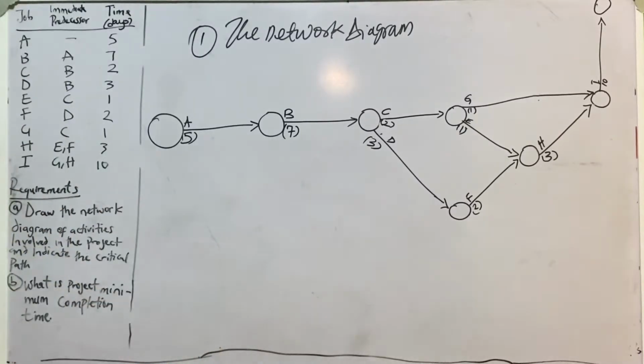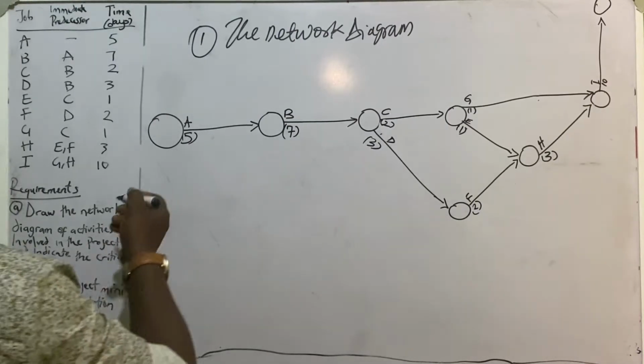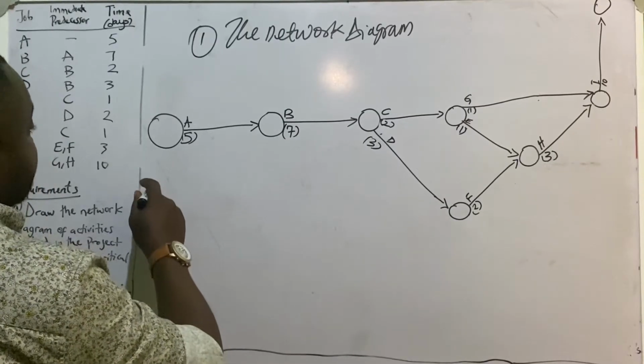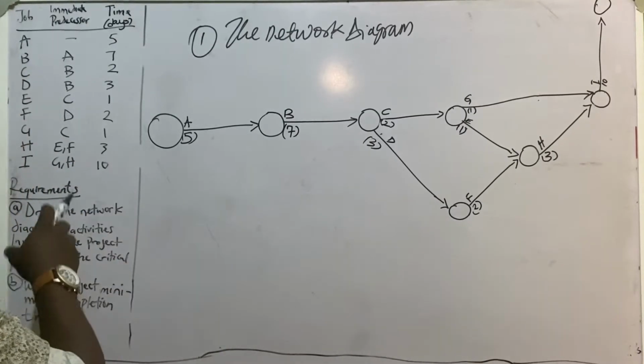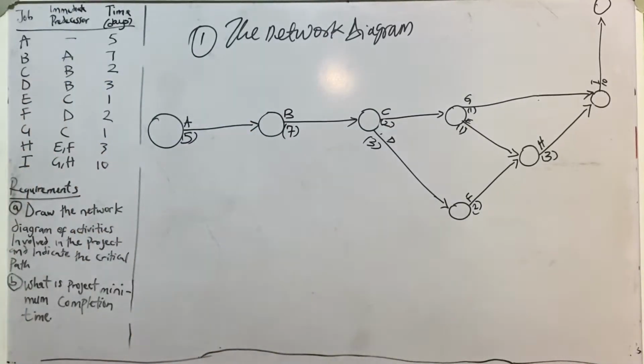The formula for computing the earliest finish time for activities is very simple: the earliest start time plus the time of the activity will give us the earliest finish time.